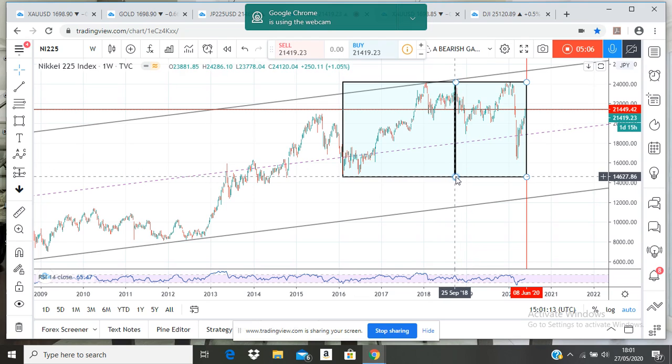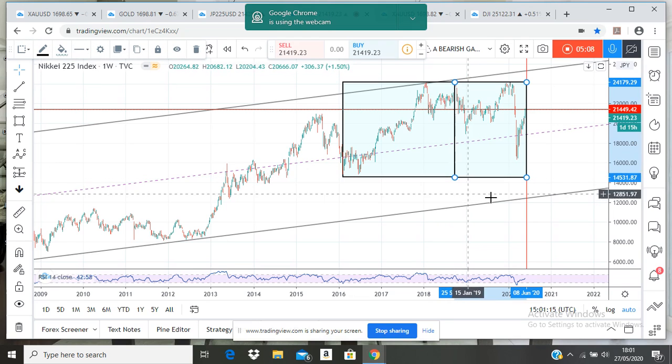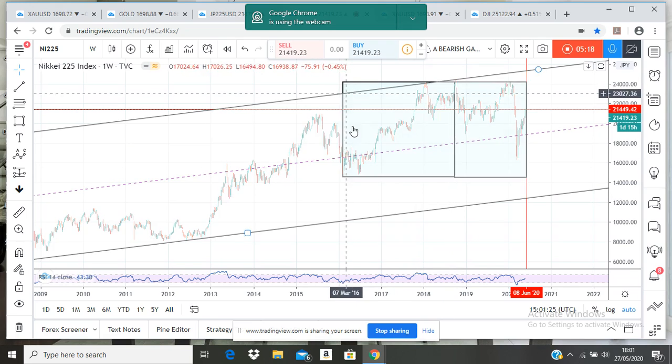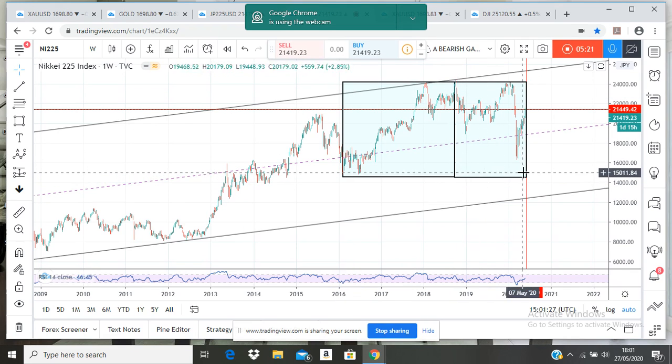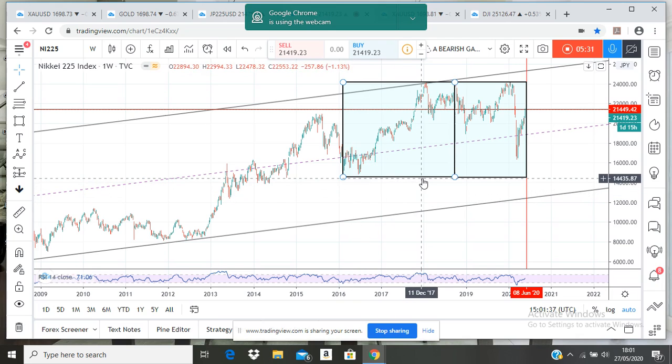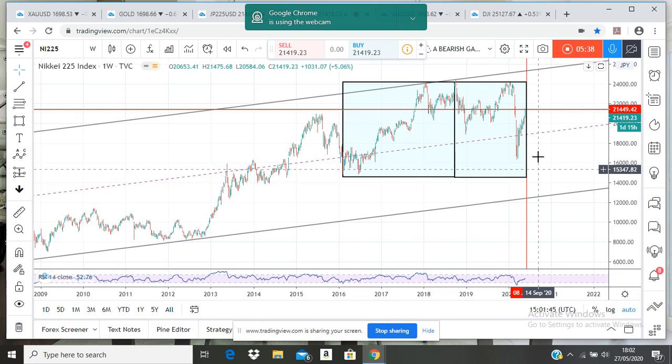Now, what I want to mention actually is that this is a golden rectangle formation, or a golden rectangle pattern. We have the 1.0, which is this square, and then the 0.618, which is this square here. That means for the total, we have a golden rectangle, which has 969 and 610 days total on the time axis, and then 969 on the price axis.